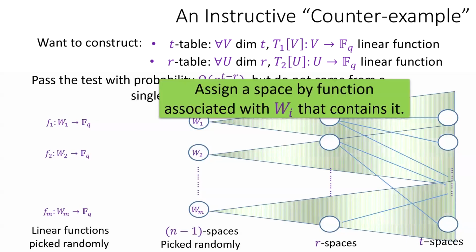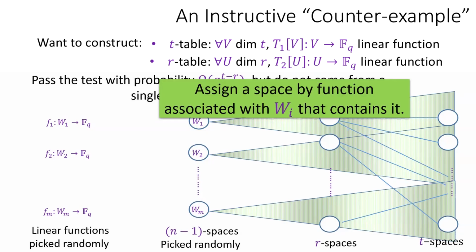By that, I mean I look at each R space, I look at the hyperplanes that contain it, I choose one of them at random and say, okay, I'm getting assigned by your function. For the T spaces, the same thing happens. For each T space, there may be hyperplanes that contain it. I take one of them randomly, and I get assigned according to that function.